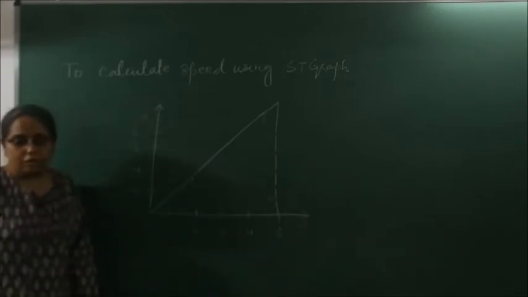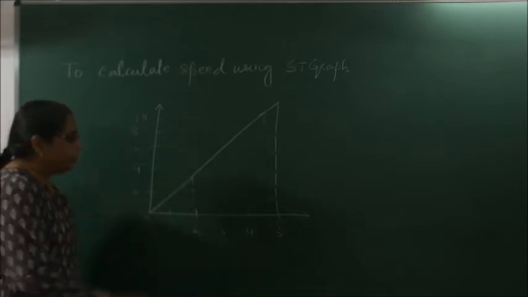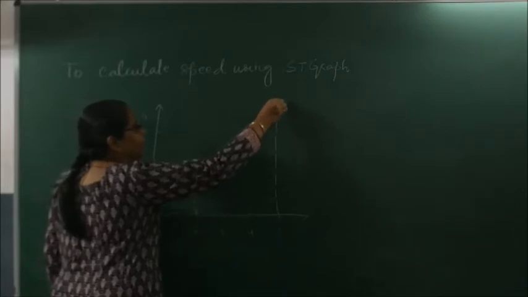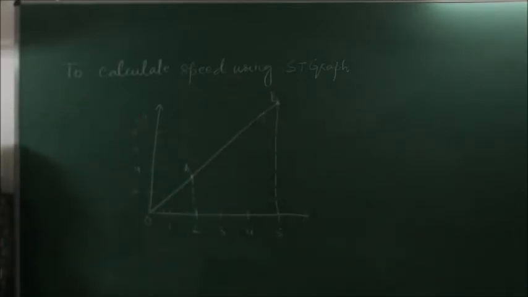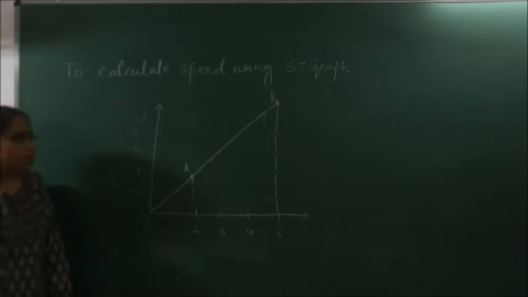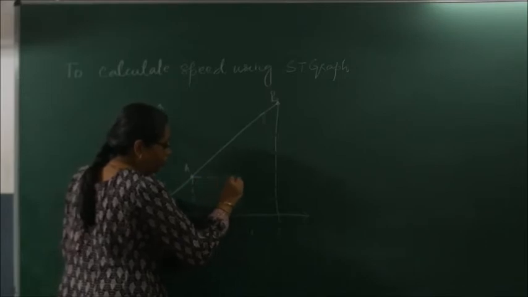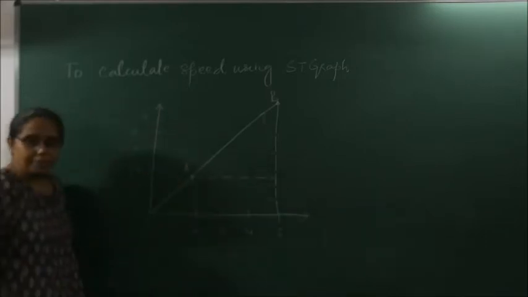Now let us suppose I find this point as point A and this point as point B, and I say calculate the speed of the object when it is traveling from point A to point B. So I will draw a perpendicular like this from this part.